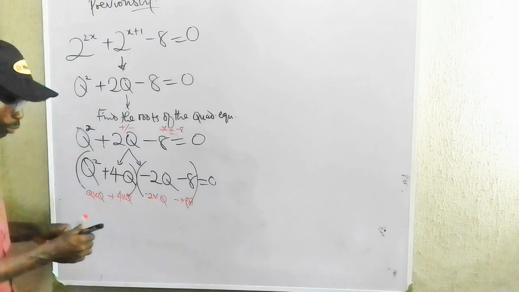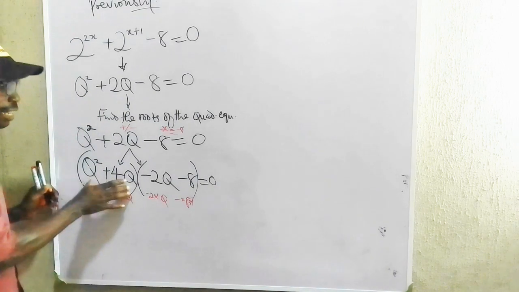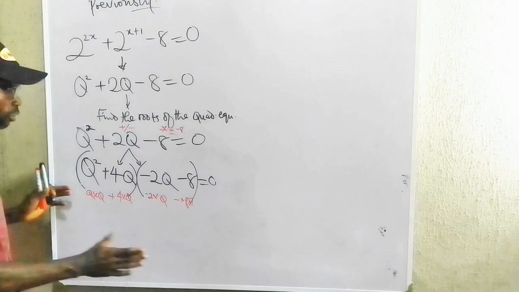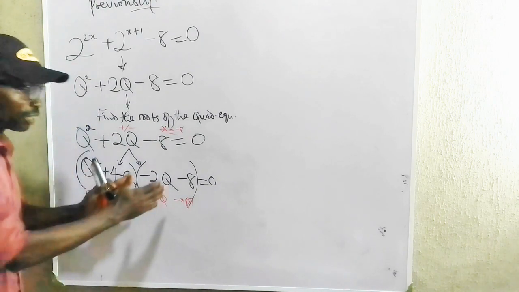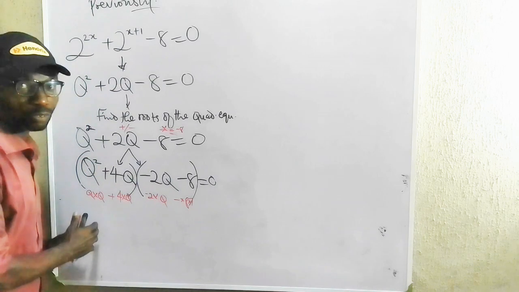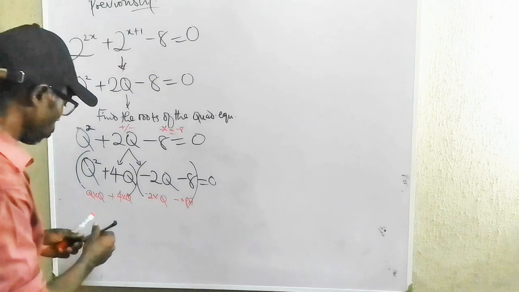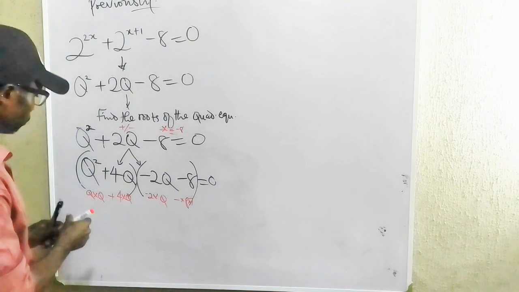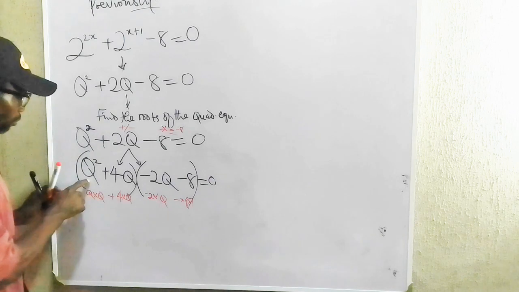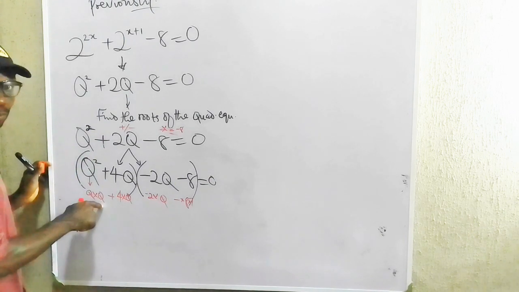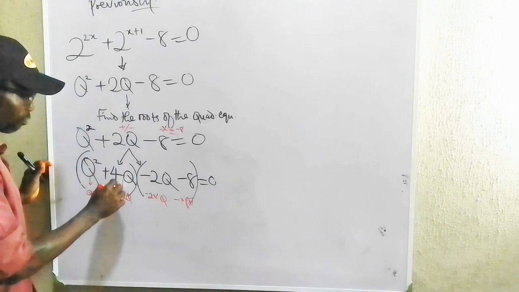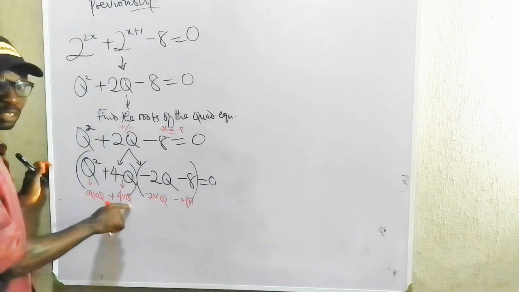Now we're at a point where we have to factorize this and factorize this. In other words, get the value that is common here, bring it out, and the value that is common here, you bring it out also. In this place, what is common? q squared means q times q, and 4q means 4 times q.